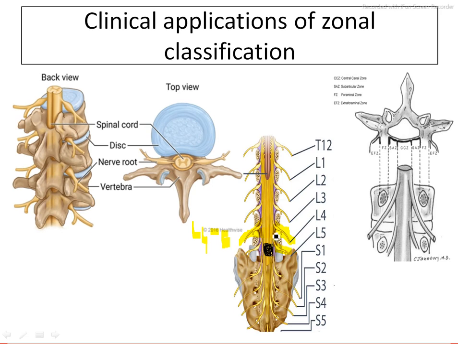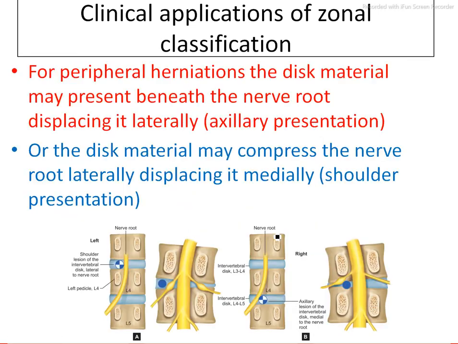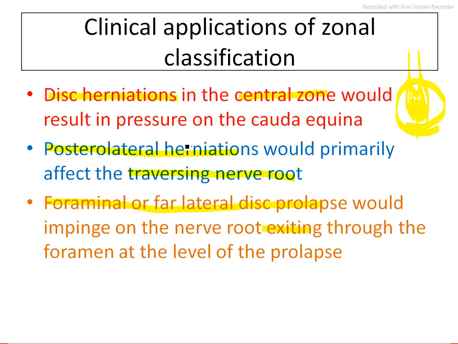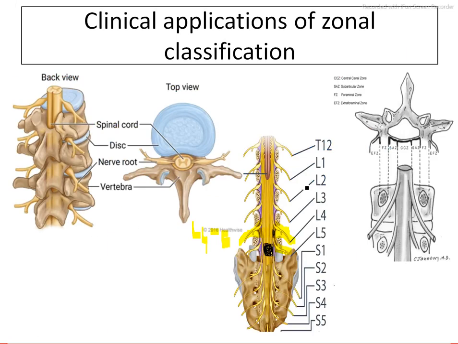But suppose this is the posterolateral segment, suppose here the disc has now prolapsed in this segment, then what happens? As we have already discussed, when there is posterolateral herniation, it affects the traversing nerve root, isn't it? So when there is posterolateral herniation in this region, it is affecting the traversing nerve root.